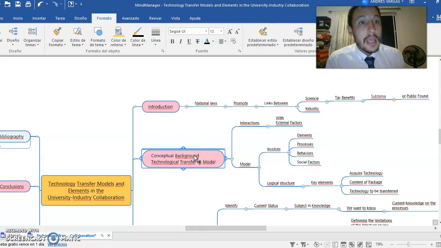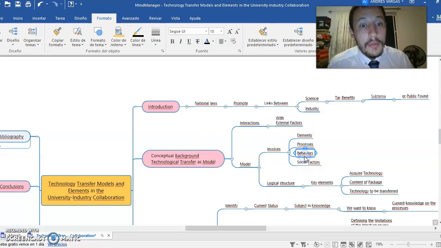That means which elements, which people compose my company, or which people I'm going to give some ideas, information, and knowledge. We also have to take advantage of the process we are carrying out, and the behavior of the people, the elements that compose my company or the university, or even the one who is going to receive all the knowledge. And also social factors: different countries have different factors like violence or no violence, so we also have to check how the government works.